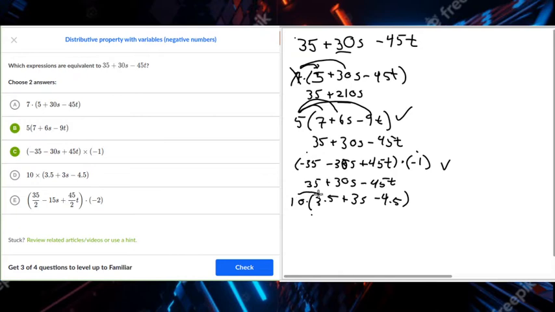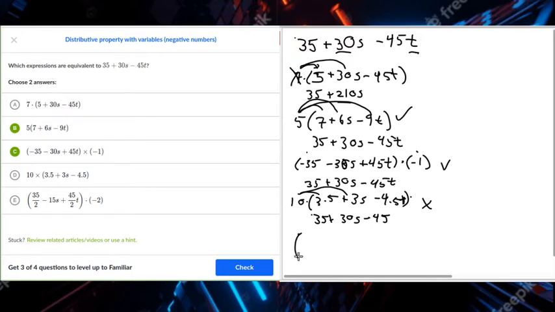All right, so 10 times 3.5 is 35. 10 times 3s is 30s. 10 times negative 4.5, oh, there is no t there, is equal to minus 45. And here we have a 45t, and here we don't have a 45t. So this one is wrong.